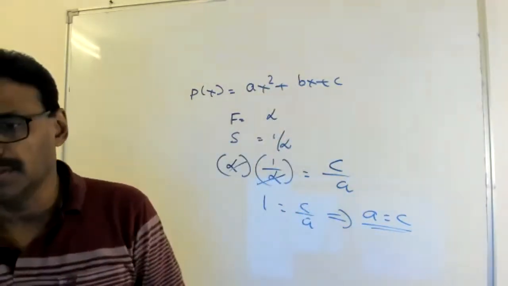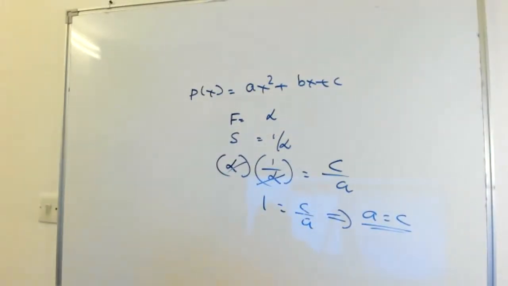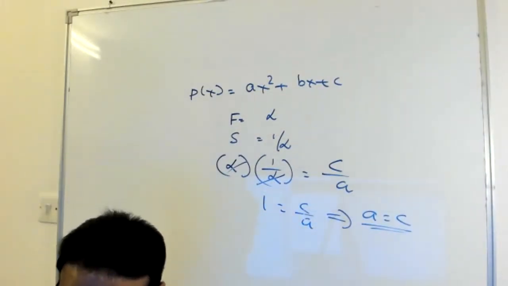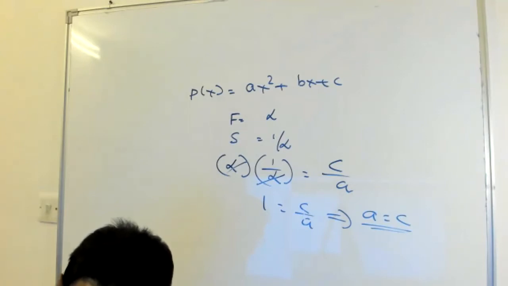Okay, you write that. Start. First, let the first zero be alpha. Second zero 1 by alpha.